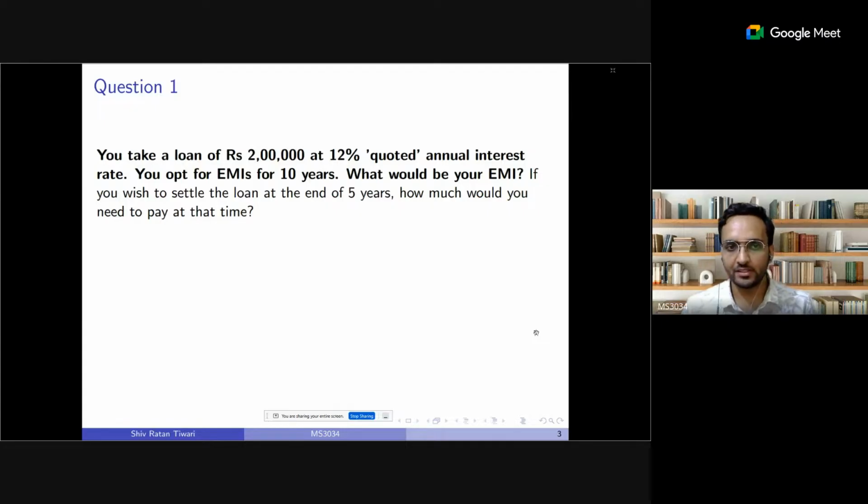So how can we do that? This is an example of an annuity, in which you have to pay the same amount for 10 years each month. So 120 times you have to pay the same amount, and that annuity's present value should be equal to the loan amount, correct?